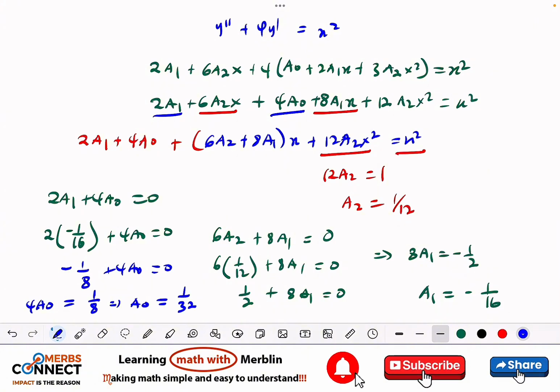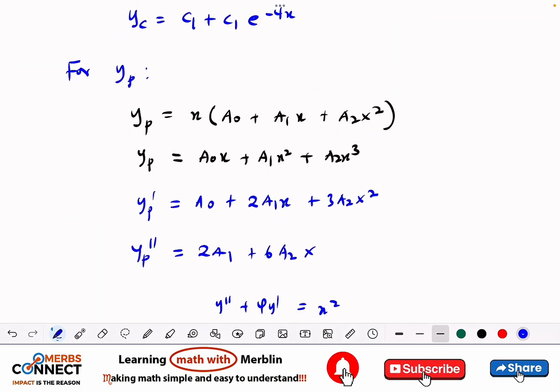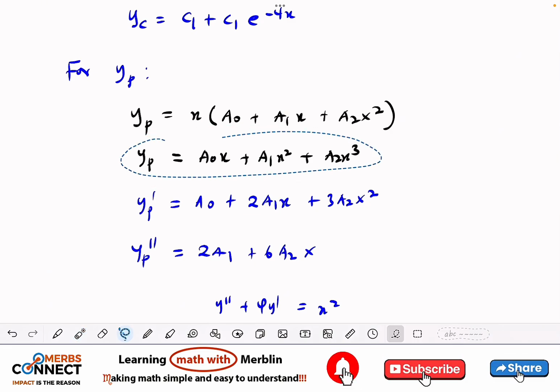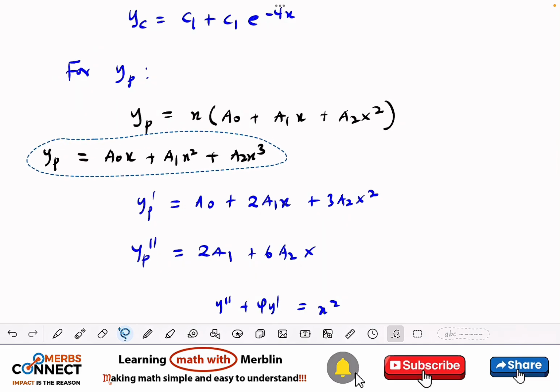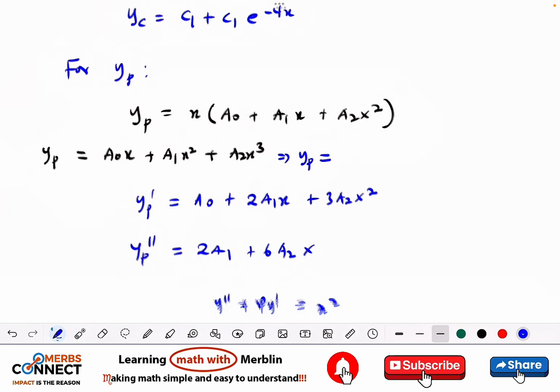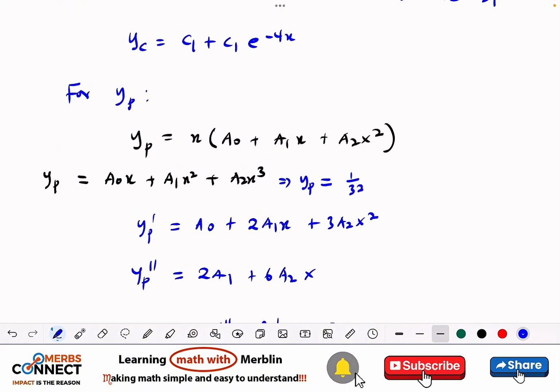So we've gotten a0, we've gotten a1, we've gotten a2. So let me go and write my particular solution again. So this is the particular solution. Now this implies that yp is equal to a0, which is 1 over 32. Okay, let me put it inside this one rather.